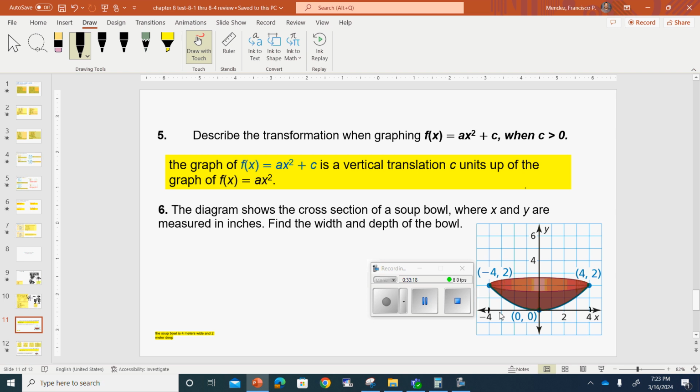And 4 plus 4 is 8. So the width of the bowl is 8. And then the depth of the bowl, well, if it goes up to 2 on both sides, that means it has a depth of 2. That's really all there is to it. I'm hoping to be right here. That would be pretty embarrassing if I got that one wrong.